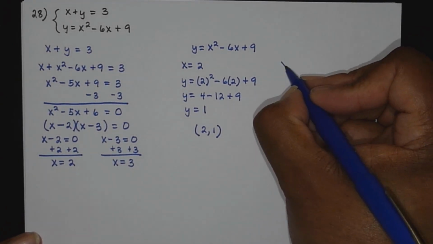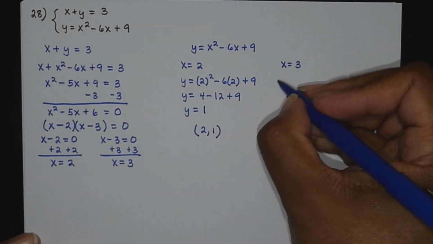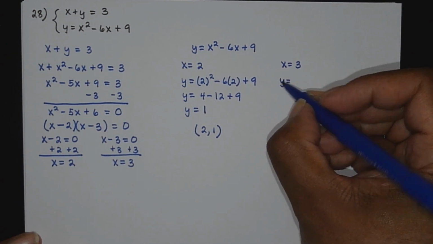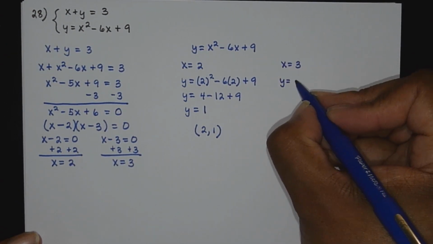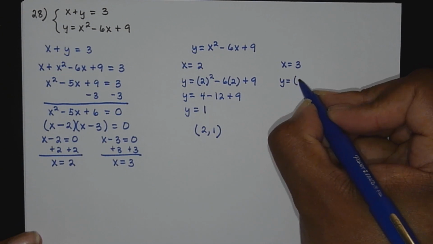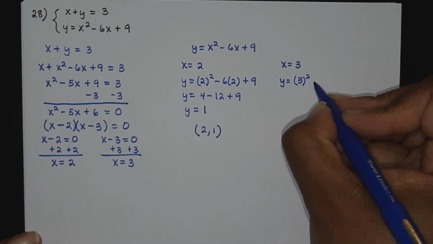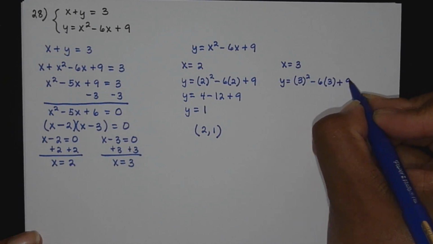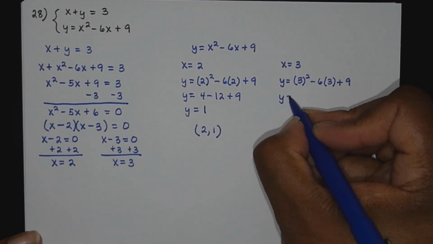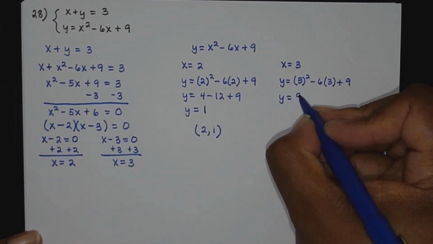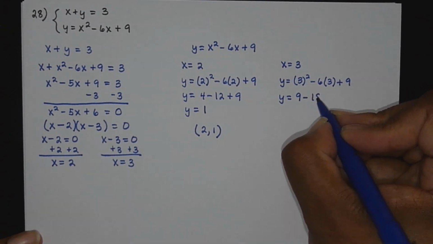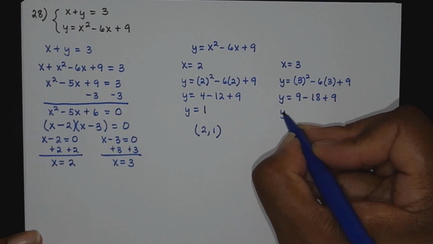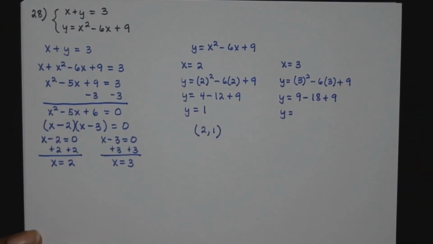Now, for the other ordered pair, when x is equal to 3, here we're going to replace the x with 3 in that equation y equal x squared minus 6x plus 9. So it'd be y equal 3 squared minus 6 times 3 plus 9. So 3 squared would be 9 minus 6 times 3, which is 18, plus 9. 9 minus 18 is negative 9.